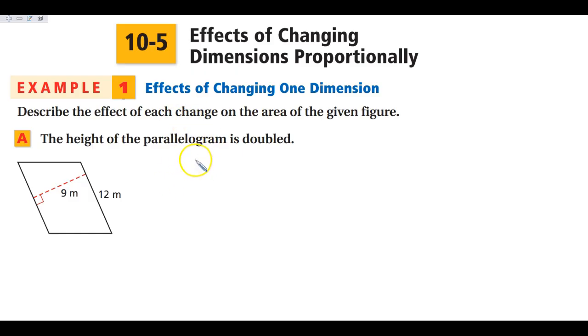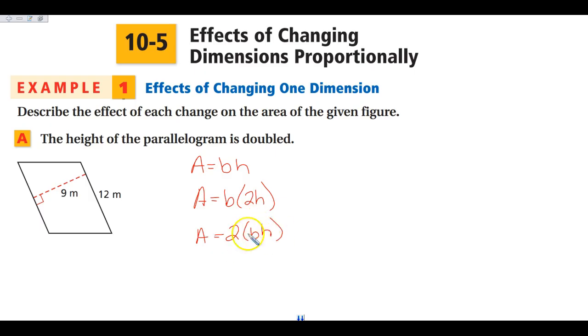So if my area of a parallelogram is base times height, all right, if I double the height, that means that my area is going to be base times 2h. Well, if I manipulate these and rewrite things, this is going to be 2 times base times height.